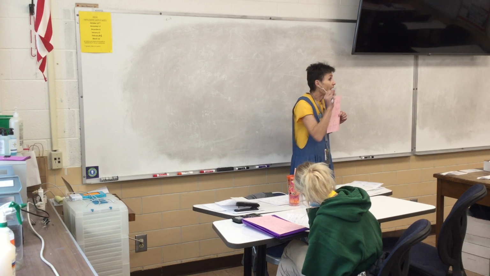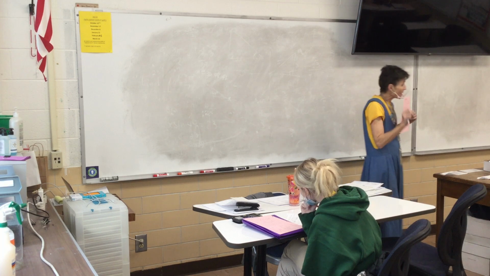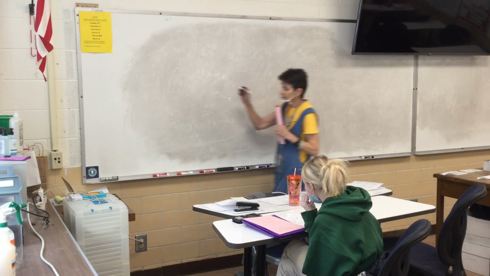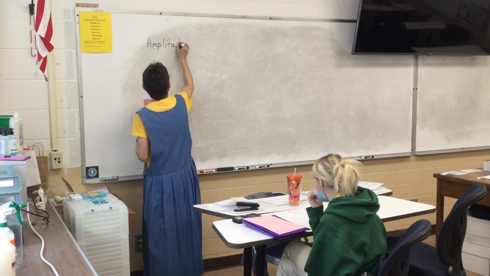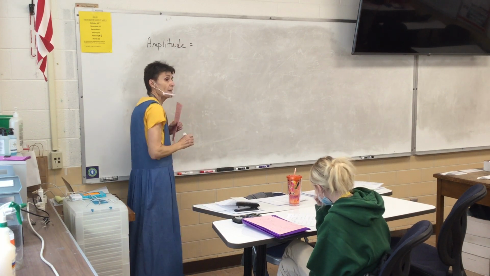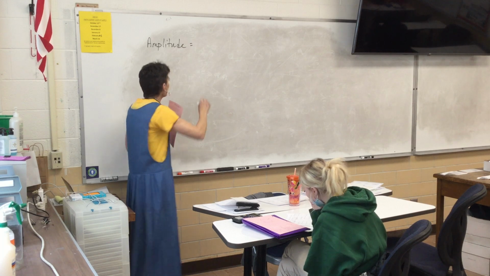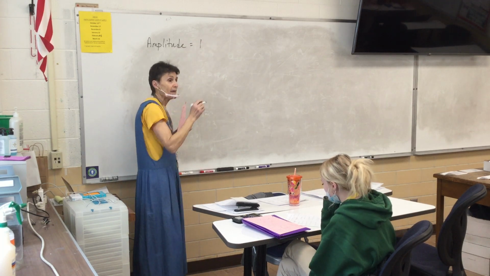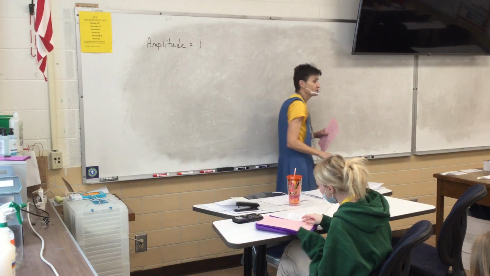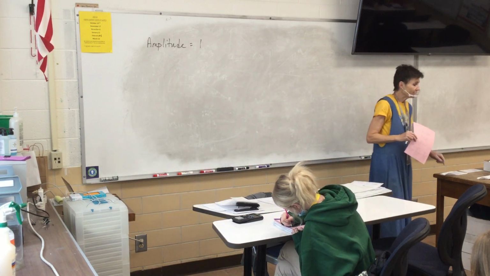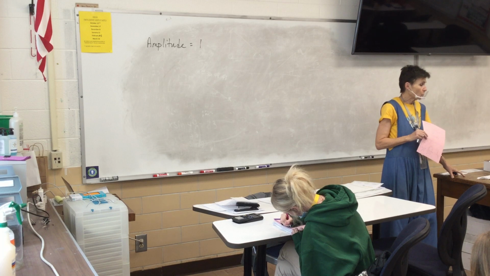That distance, the height of the hills and the depth of the valleys, is called amplitude. So the amplitude of your sine, A, that's what the A stands for in your notes, A is amplitude. The amplitude of both curves is 1.